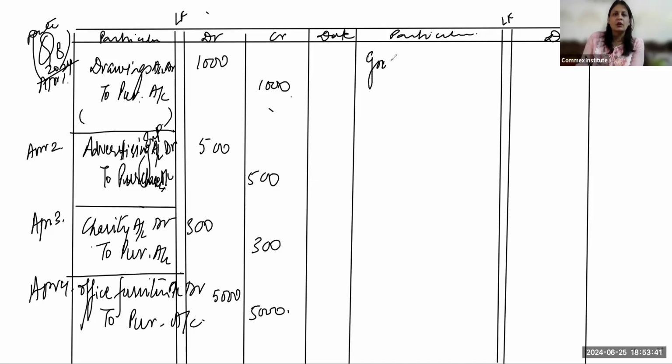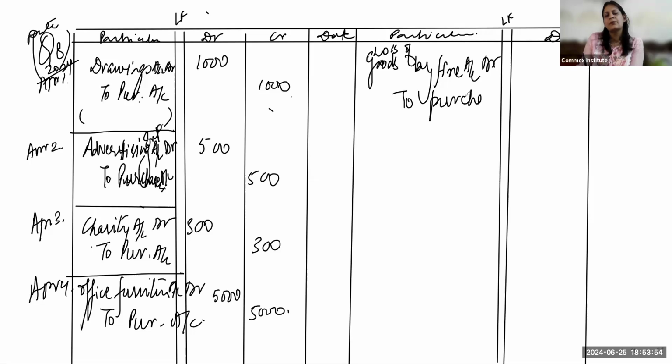Yes. So loss of goods by fire, whatever account name you want to put. Loss of goods by fire account debit to purchases account. Perfect. And the amount would be 3,500, 3,500.